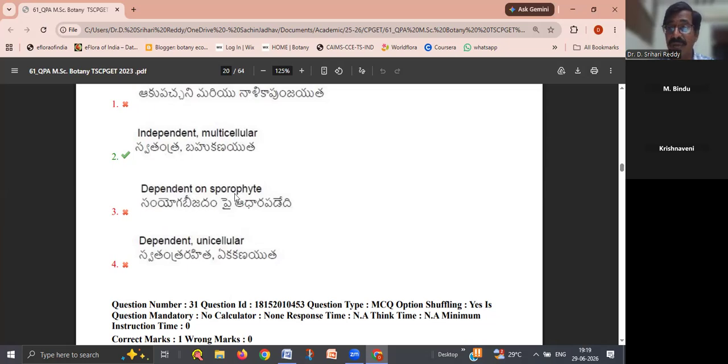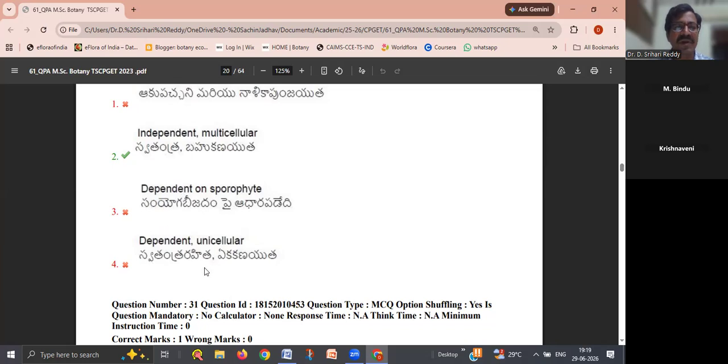Sporophyte is dependent on gametophyte in case of the bryophytes. But in case of the gymnosperms and angiosperms, it is reverse. In reverse, gametophyte is dependent on the sporophyte.